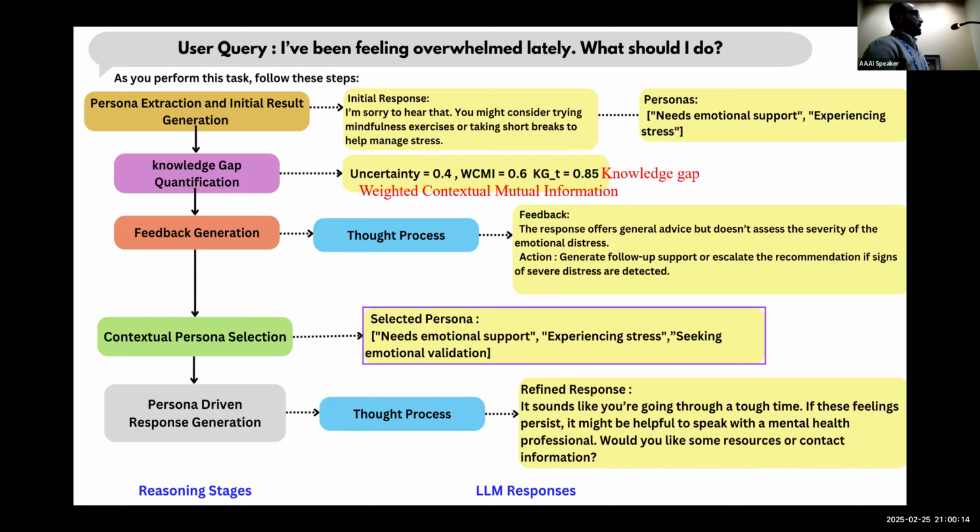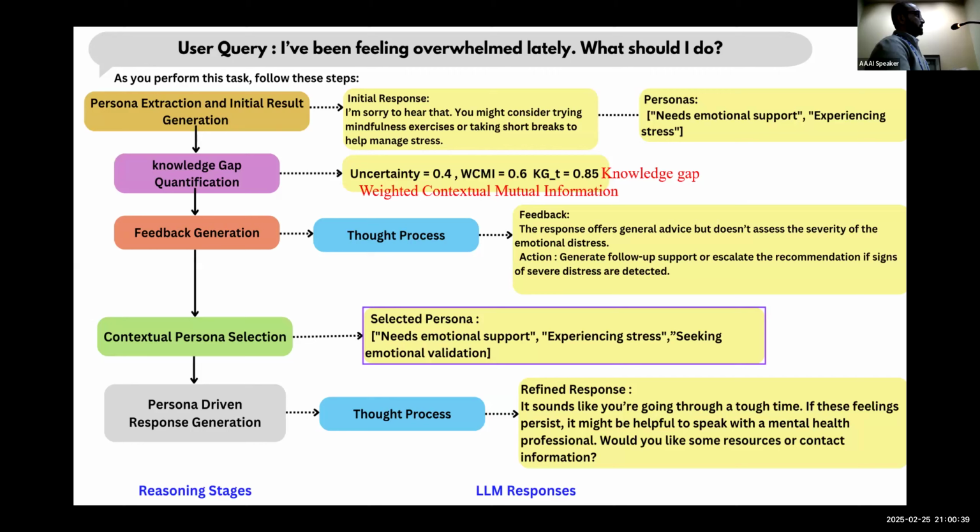Then we looked into a design where we asked the model to quantify the gap on this particular input. At this point, I'm not giving any additional context. It is still the original input. When we looked at the knowledge gap, which we measured through a weighted contextual mutual information approach, we found it was contributing to an 85% knowledge gap.